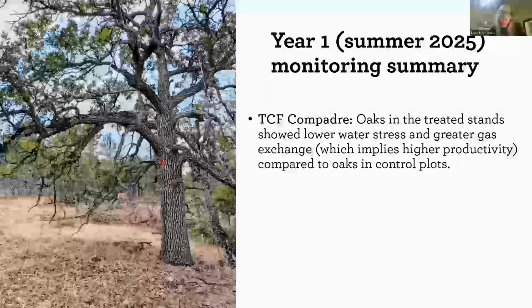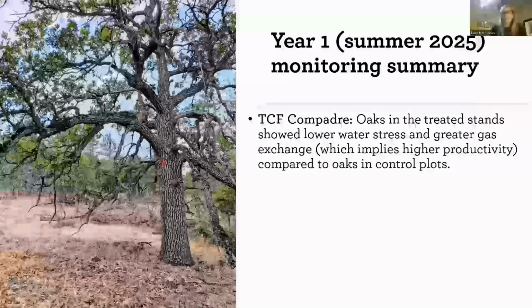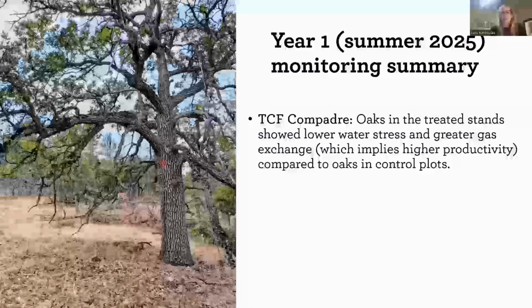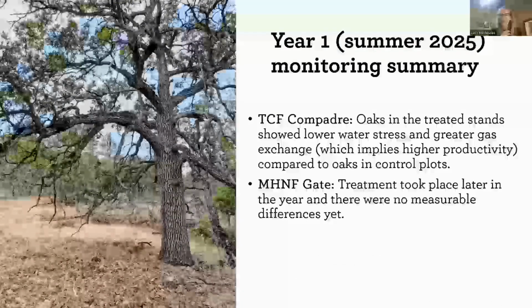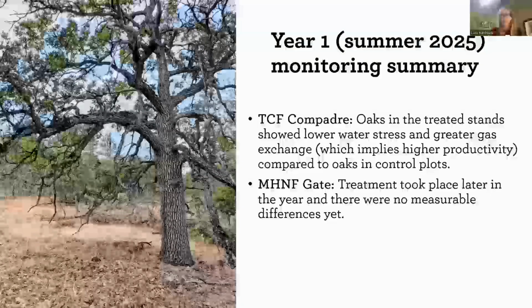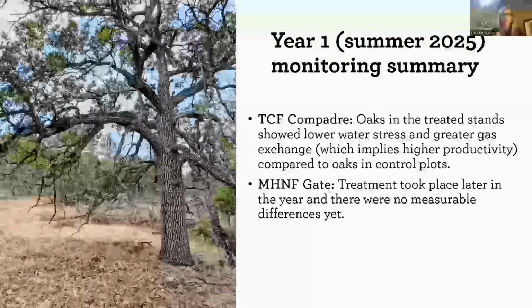The treated stands generally had lower water stress and greater gas exchange, which was cool because that's what we would hope to see. Although as things unfold, one never knows. So at Compadre, that was a pretty clear pattern. And then at the Gate site, these treatments happened later in the year and were pretty light initially.